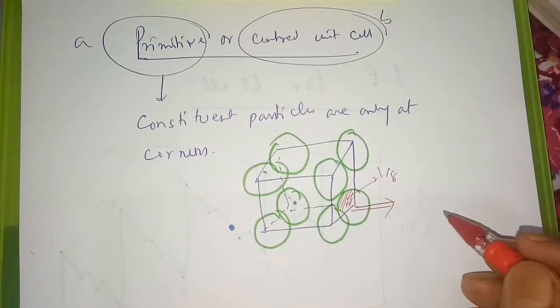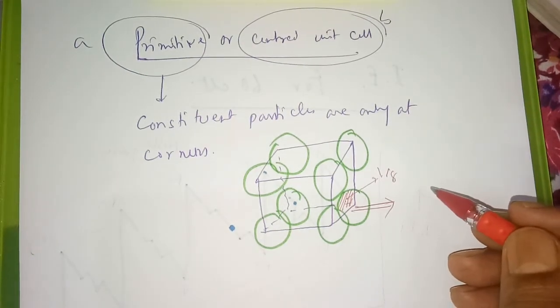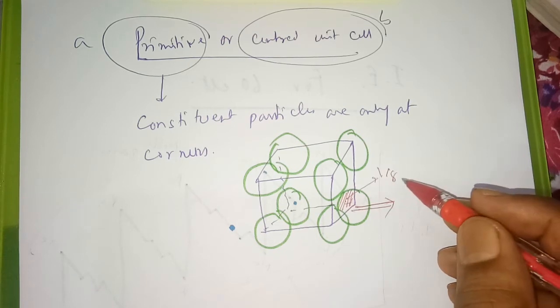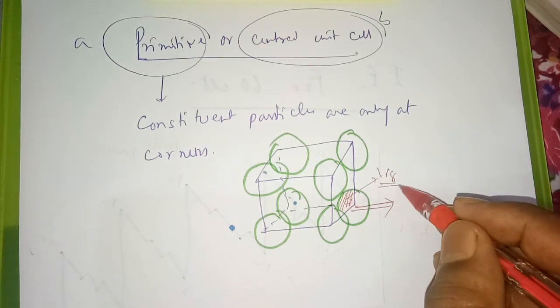How can you tell that? Now if you consider your room, and if it is a 3-storey building, and you are in the middle, on the first floor, the corner of your room is divided among 8 rooms, because it is surrounded by lots of rooms, so your room constitutes 1 by 8 part of it.